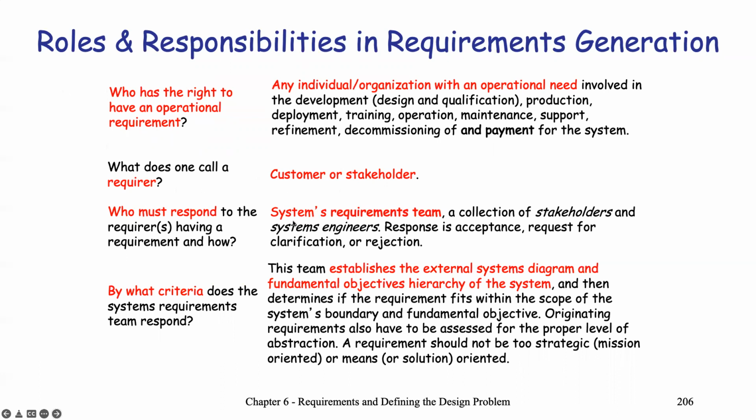The systems requirements team, so the company, contractor, or contracting team, is the one that is going to be responding to the requirements or the proposed requirements. And by what criteria does the system requirements team respond? They establish the external system diagram and fundamental objective hierarchy of the system.